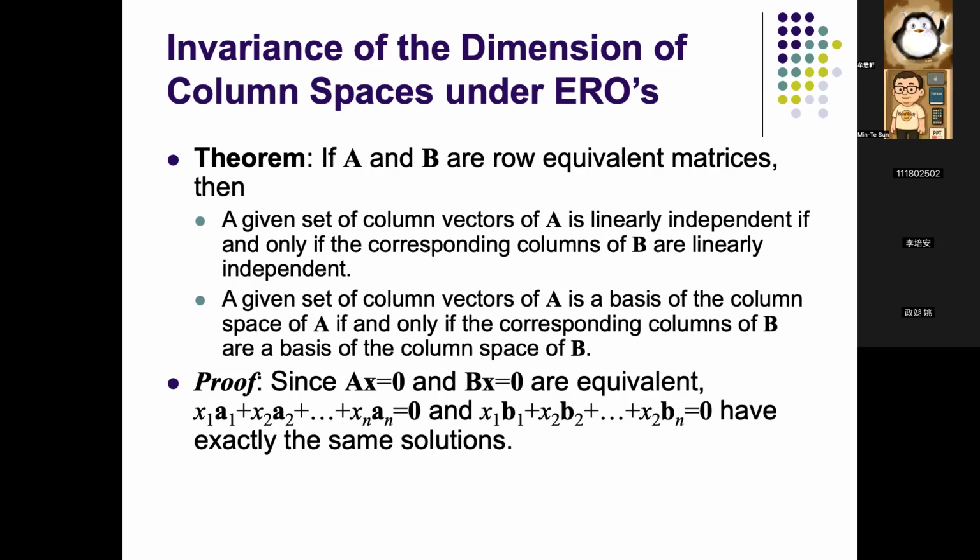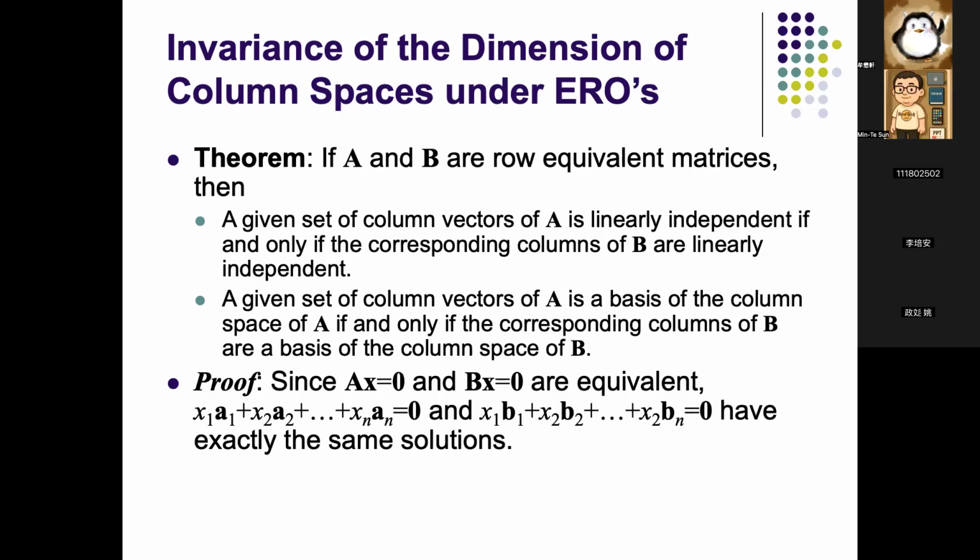I'm just saying, if a given set of column vectors of A are linearly independent, then the corresponding columns in B are also linearly independent. But I never say A and B, their column spaces are the same.